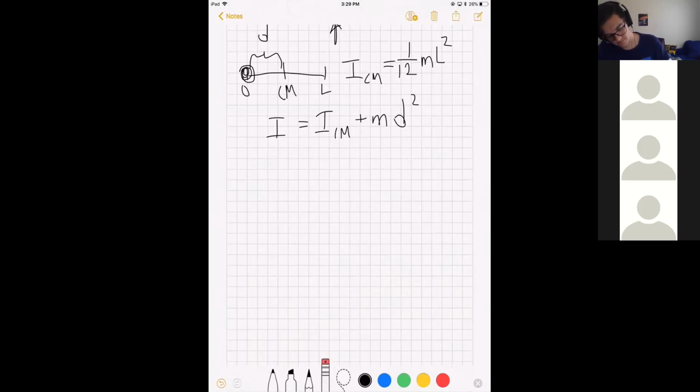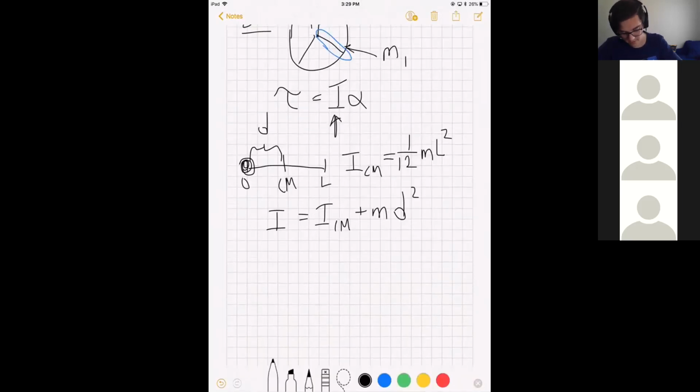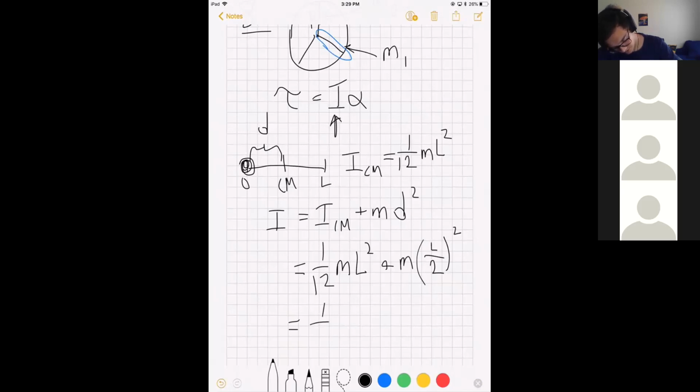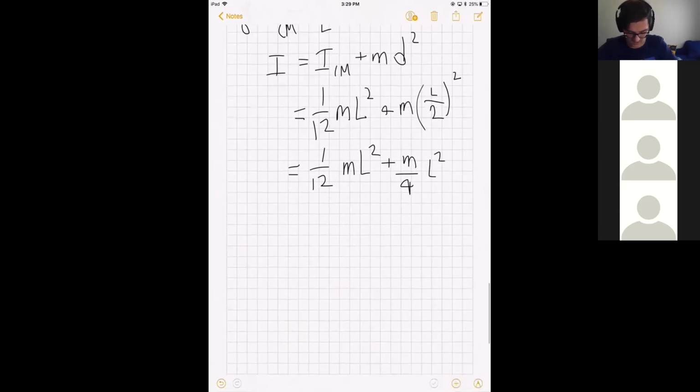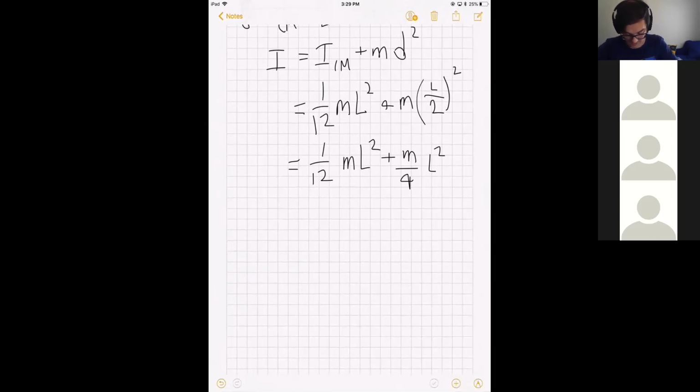Okay, so now we just plug in the values. I'm going to fly through this. 1/12 mL squared plus a mass of m times L over 2 squared. So you get 1/12 mL squared plus 1/4 mL squared, and you multiply the 1/4 by 3 to get the common denominator.